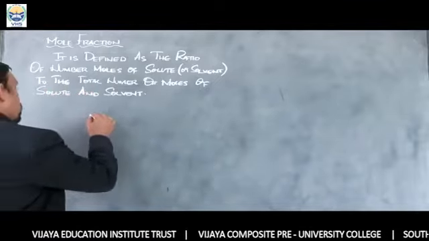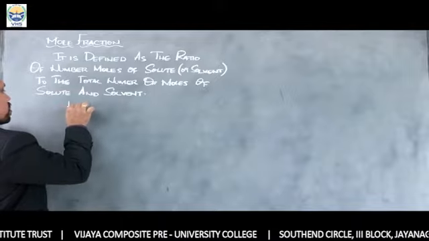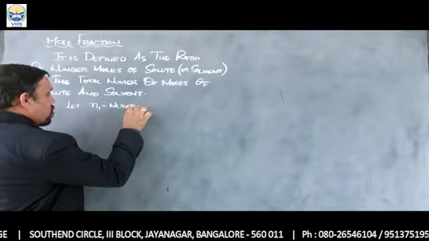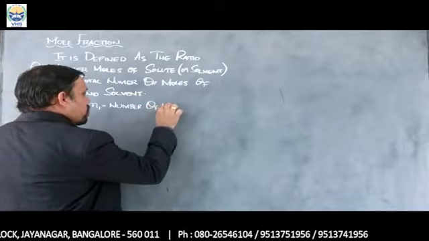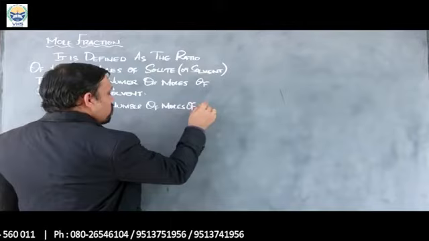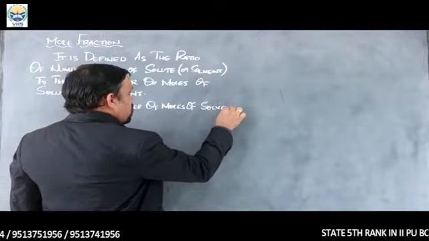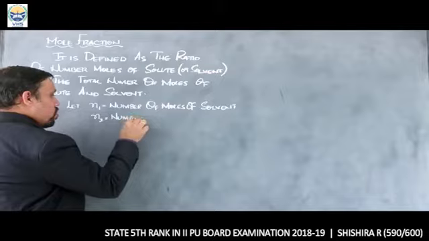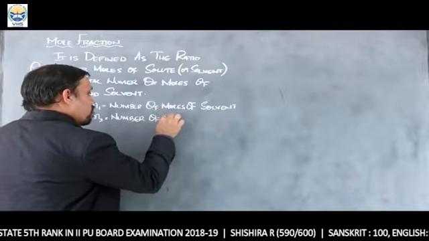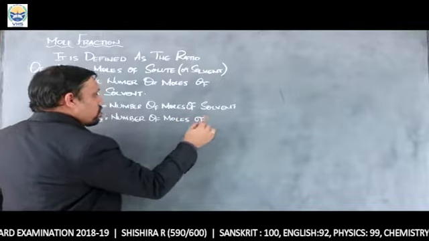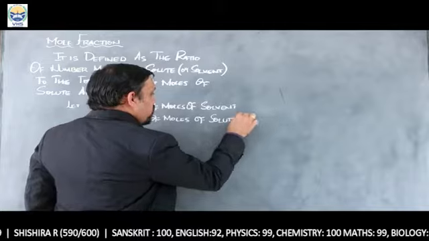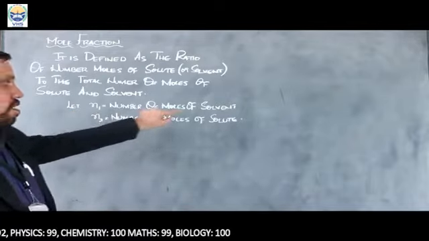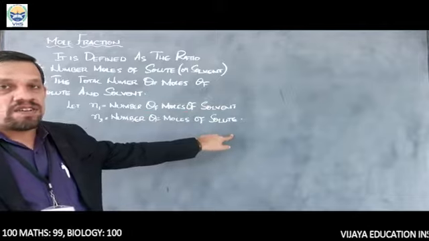Let us try to understand this one. Let N1 be the number of moles of solvent, and let N2 be the number of moles of solute. 1 means we are referring to solvent, 2 means we are referring to solute.